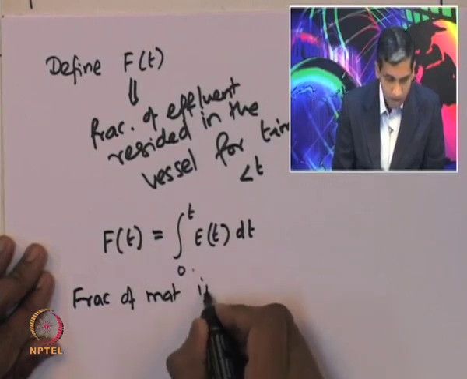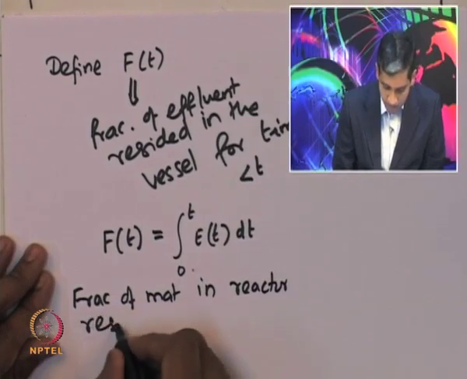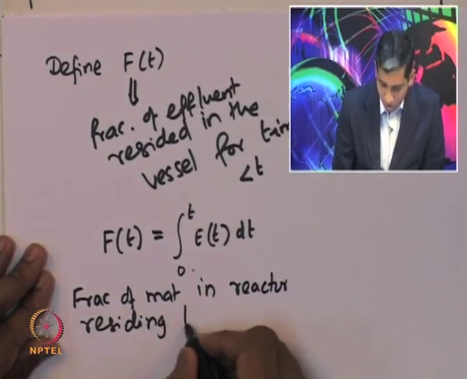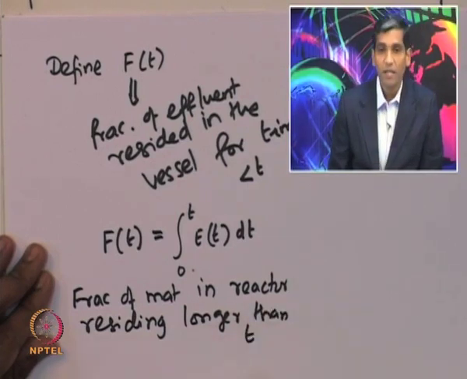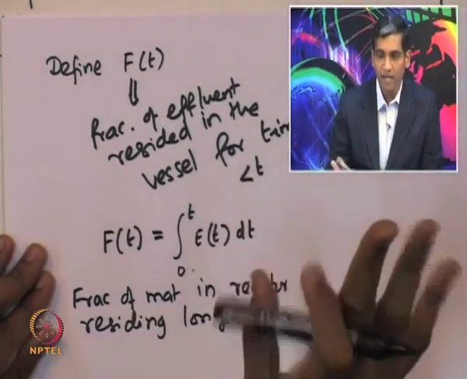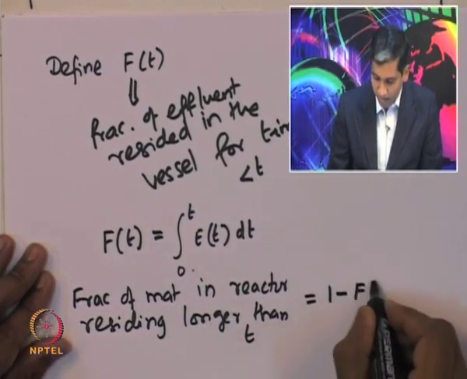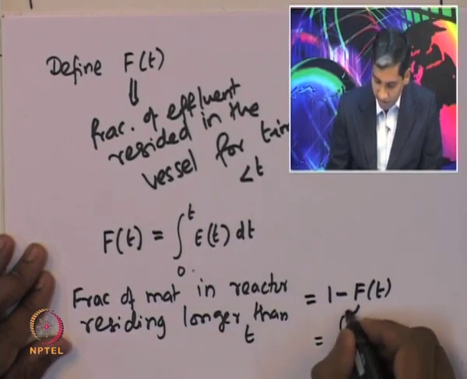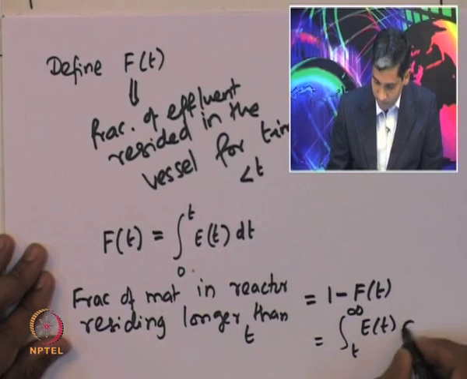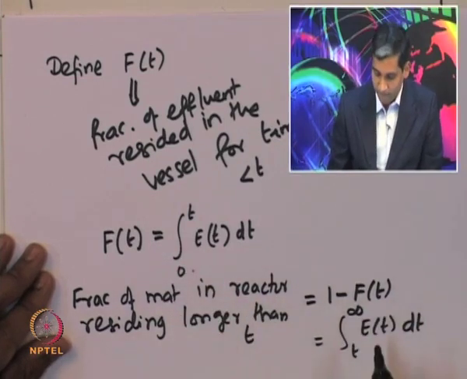That is, the fraction of material which stays inside the reactor for a time greater than t, and that is given by 1 minus F(t), which is equal to the integral from t to infinity of E(t) dt. So, the sum of these two is obviously equal to 1.